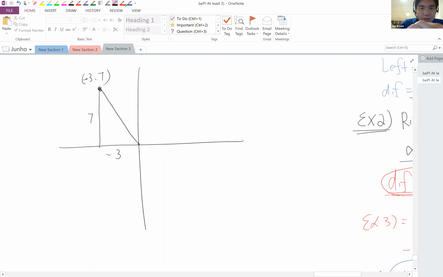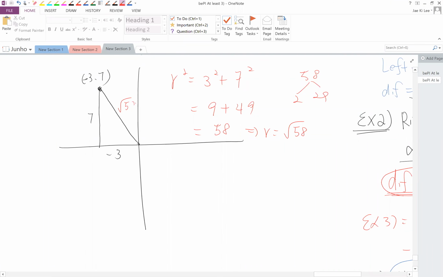Now the radius r equals the square root of 3 squared plus 7 squared. So 9 plus 49, which is 58. 58 is 2 times 29, and 29 is a prime number. So I'm sure we just say r equals root 58. Therefore, now based on theta here, sine theta becomes y over hypotenuse.